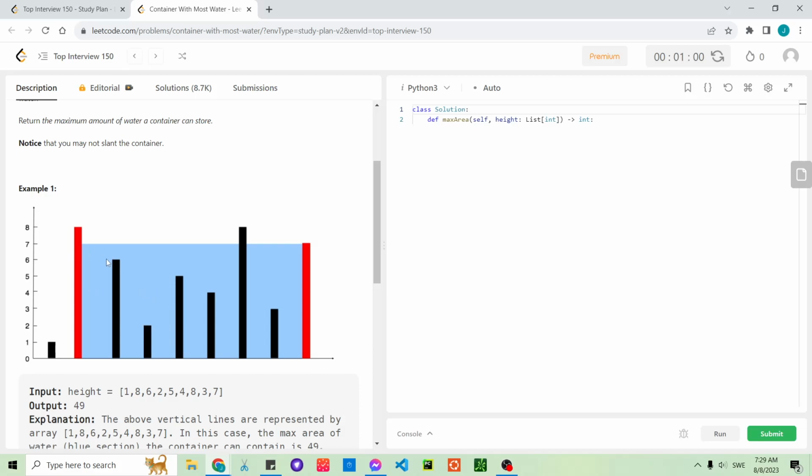So we want to find... the amount of water would be the index of this minus this, and then times the lower of the two.